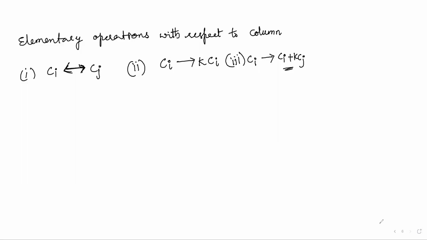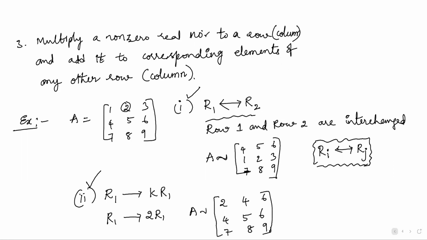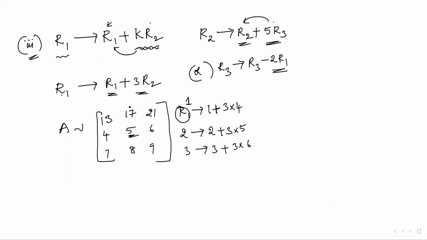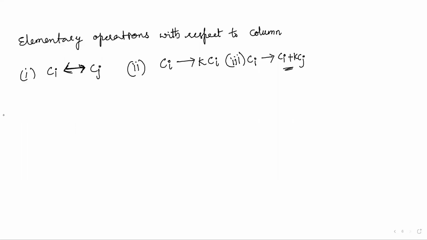So now we are going to the procedure. Procedure is: AB equal to I or BA equal to I, which should we use? This is a way we find the inverse. Now by using elementary operations, what do we do? Let's take an example and see that.